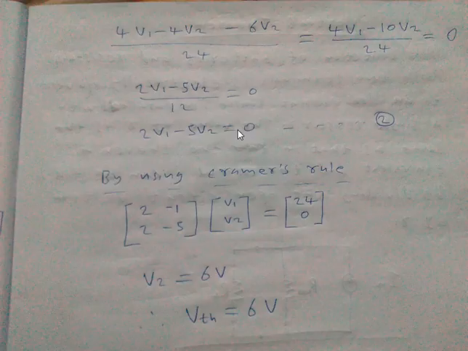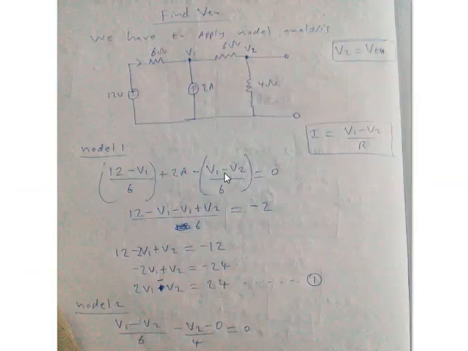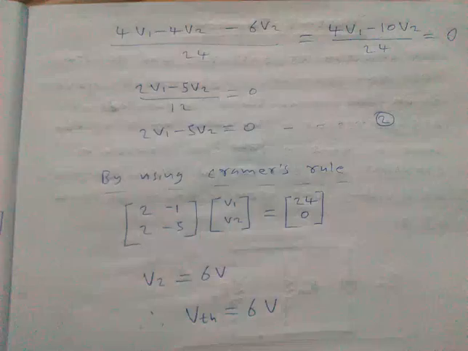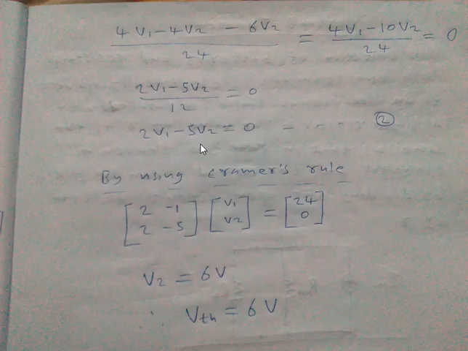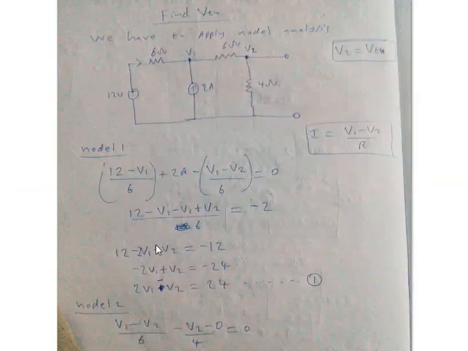Now you have two equations, nodal 1 and nodal 2. Now you have to apply Cramer's rule to these two equations. First, you have to directly write the equation: the x value is 2, the y value is minus 1, and the result is 24.